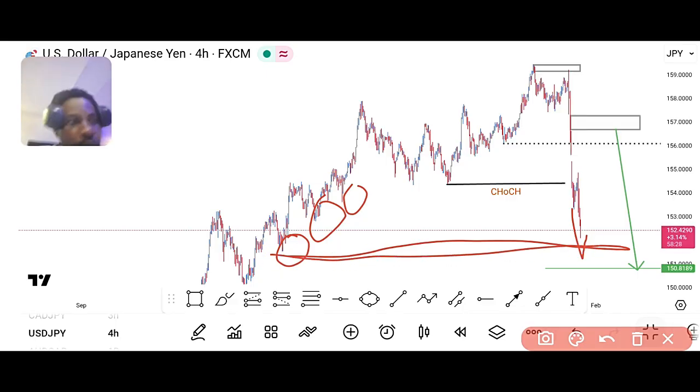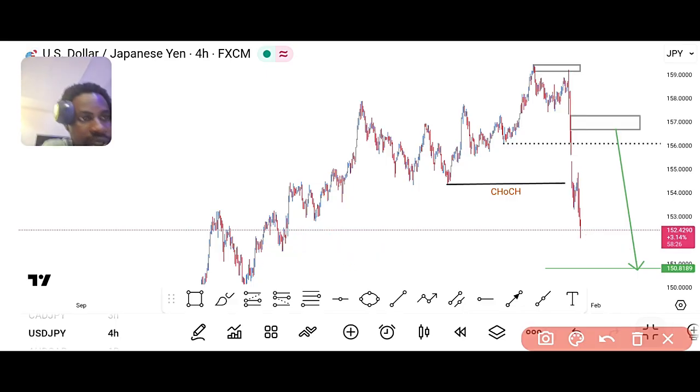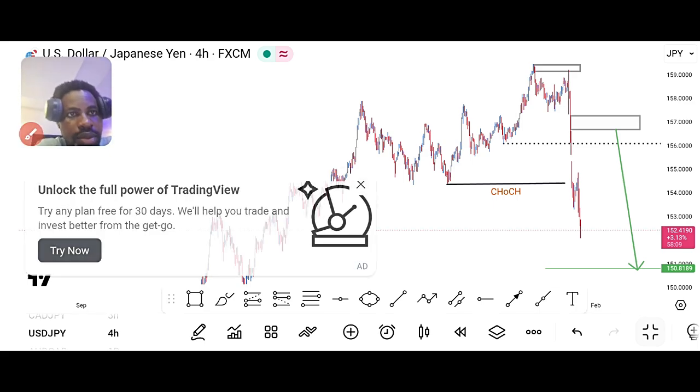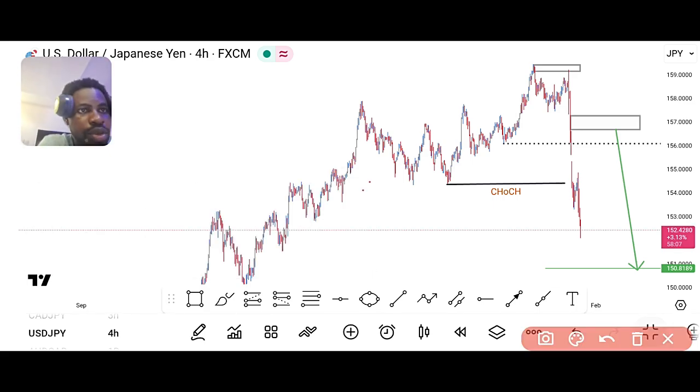So what I'm expecting is likely we just see a little drop around here, then we'll pull back to this area. So the whole of this zone, this is the zone I'll be expecting USDJPY to pull back to. I'm actually using my phone to explain.